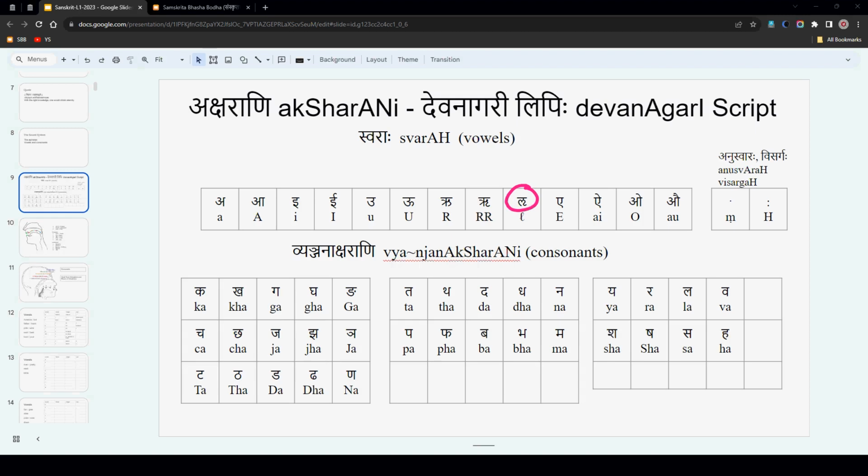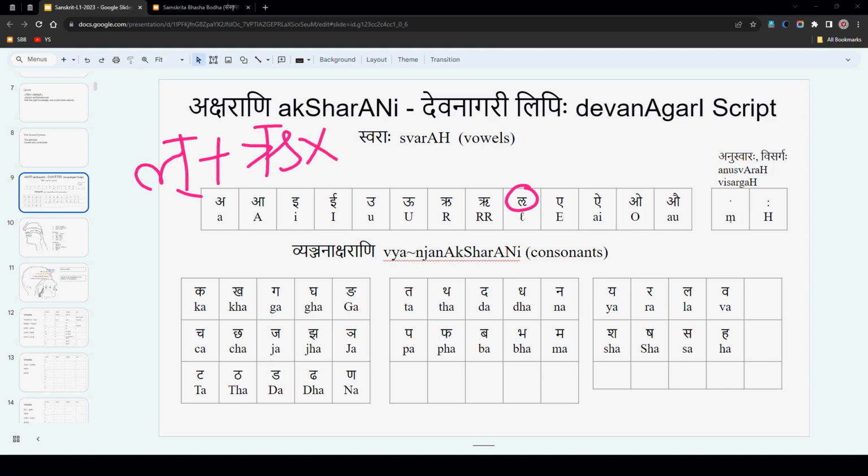I personally wish there had been a different symbol for this, because how it is written is confusing. People think that it is l. It looks like it is l plus r, right?